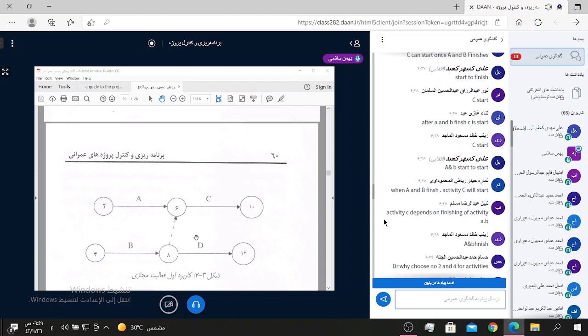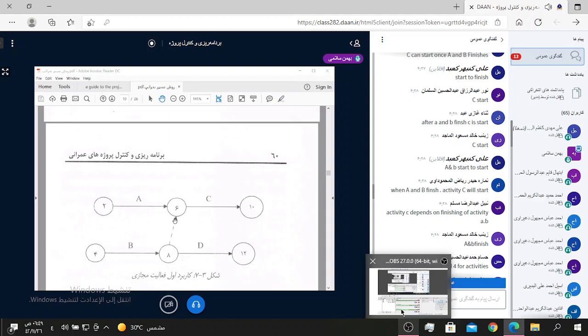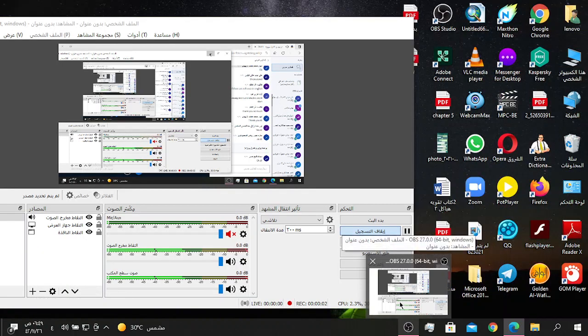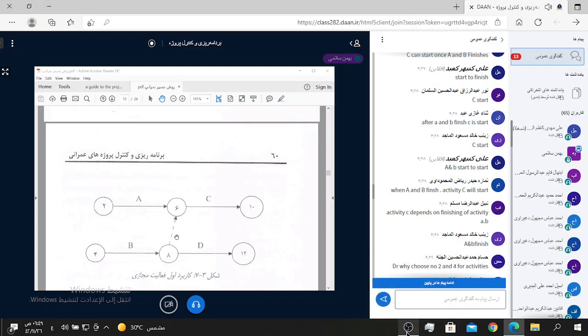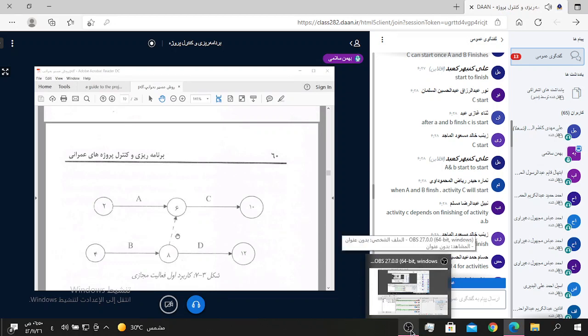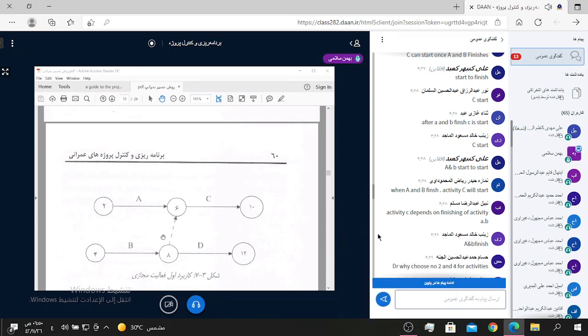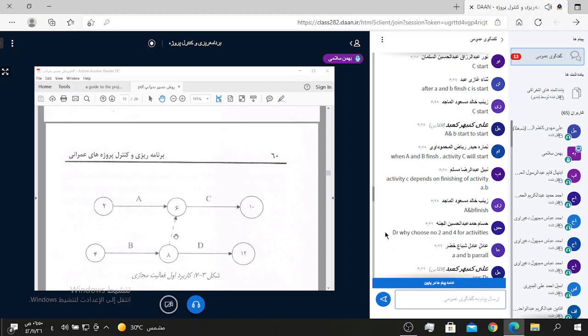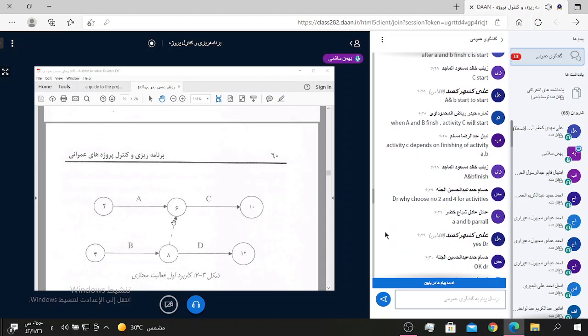And you should remember the duration of dummy activity is 0 in all dummy activities. We don't have any duration for dummy activity.